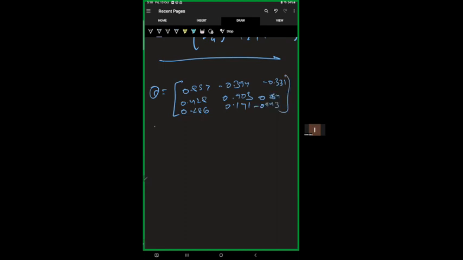And we obtained R as 14, 21, -14, 0, 175, -70, 0, 0, 35.